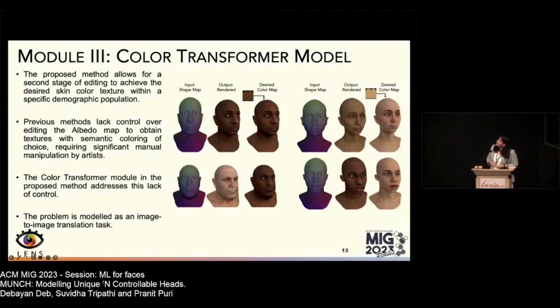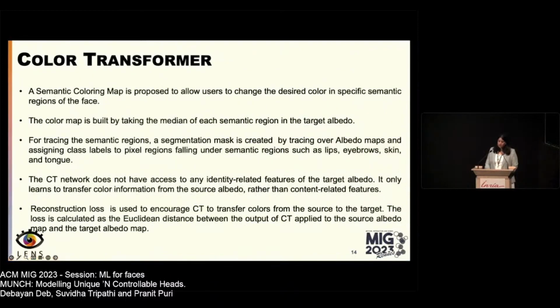This semantic color map contained only the mean color of the source albedo, and then using the GAN, we were able to transfer that color to the target albedo.